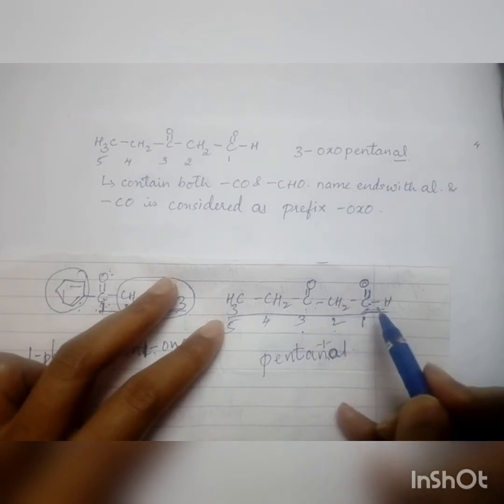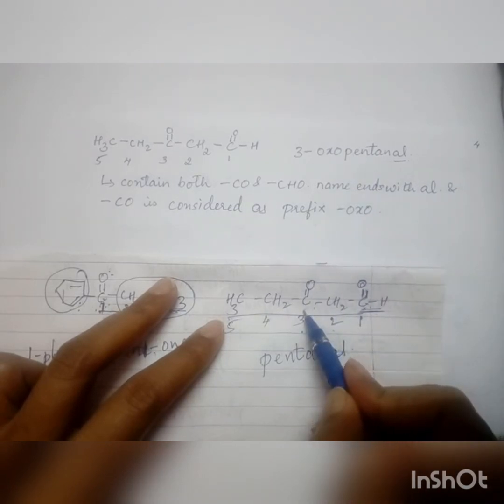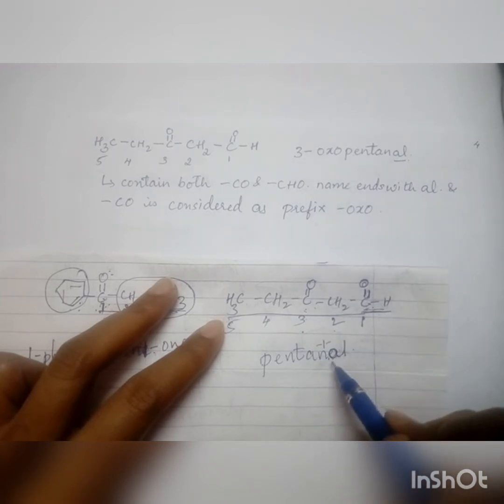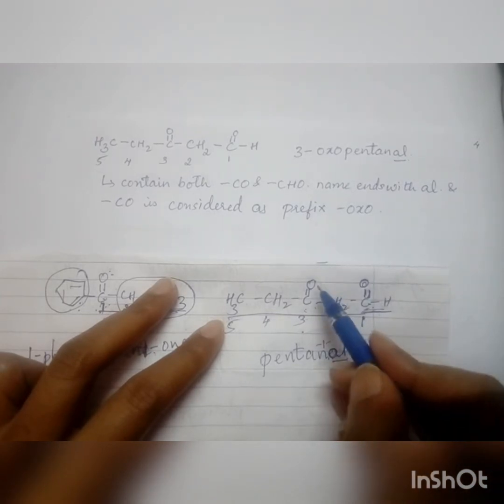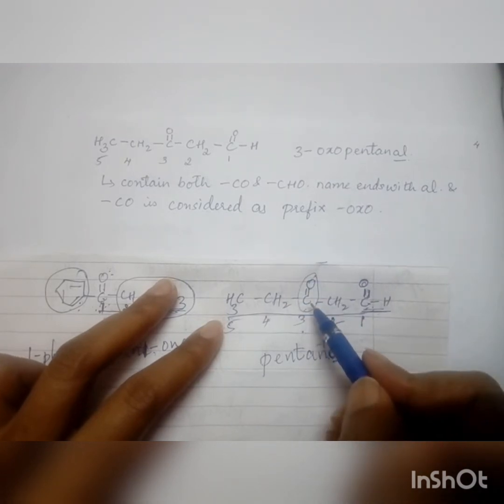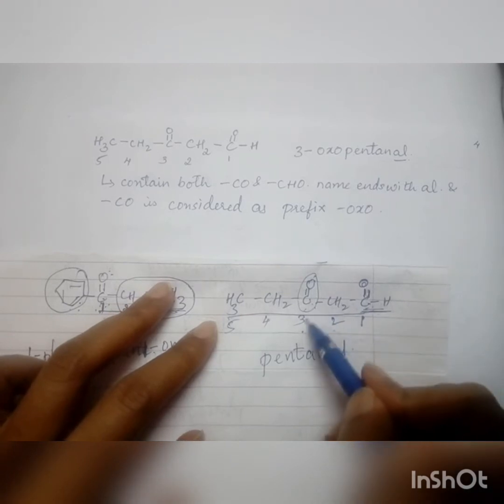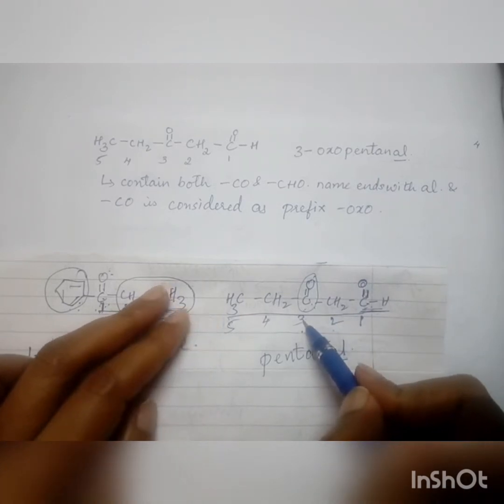Now when there is the presence of both aldehyde and ketone functional groups, the aldehydic functional group gains the importance and we write it as the suffix. In that case, this ketonic group will become the prefix, and the prefix for this is oxo, OXO. And this is present on which carbon atom? On the third carbon atom.